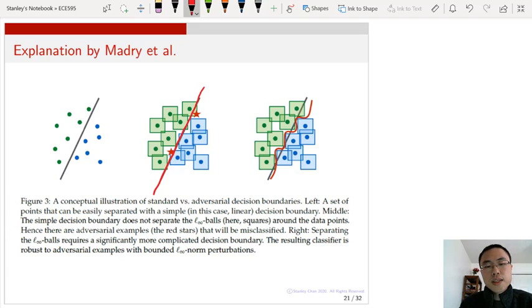If I have a data point that's living here, and if I draw the L infinity norm ball around this data point, then you can clearly see that it will become misclassified as the other class. With adversarial training, what you will get is a different decision boundary like this. And so in this case, you will be more resilient to the attacks.